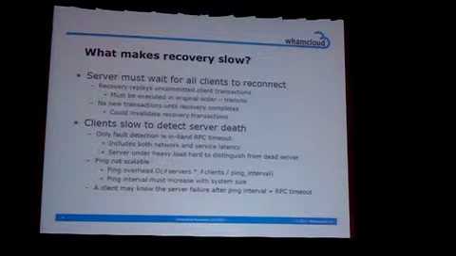The RPC timeout has to be long enough to distinguish a busy server from a dead server. You can worsen the problem if you try to reconnect to a busy server.